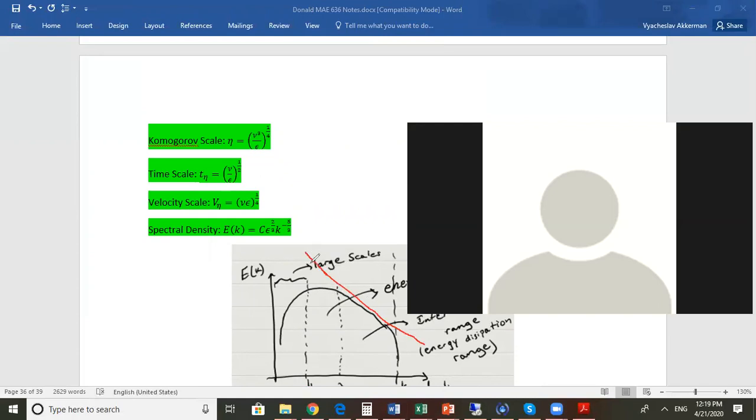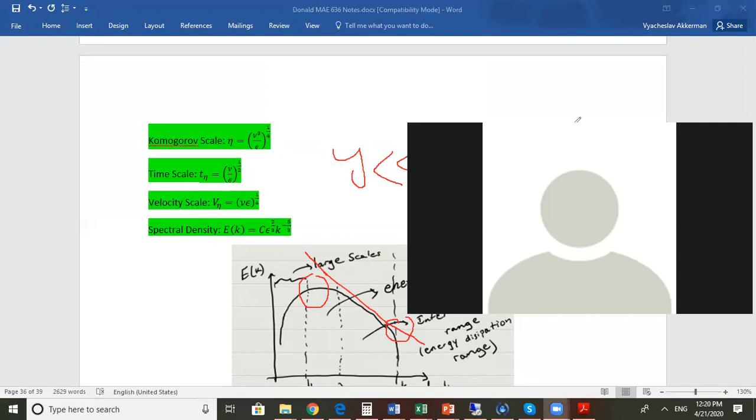It does not work here and does not work here, right? When you come very close to the Kolmogorov scale, or very close to the integral scale, it does not work. Dimensional analysis like this works when you are far away from both. It works when lambda is much less than the integral scale and much larger than the Kolmogorov scale. When you approach them, it would not work.